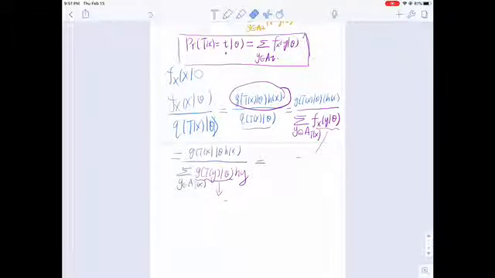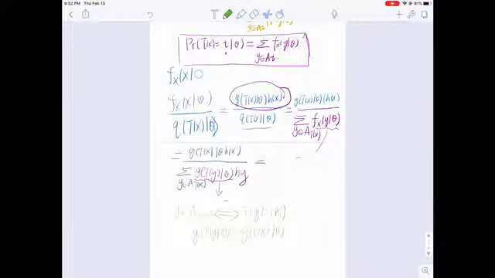Let's take a closer look at this term right here. Because we know y belongs to the partition of T of x, which is the same as saying T of y is equal to T of x. So for each y, you always have g of T of y equal to g of T of x.